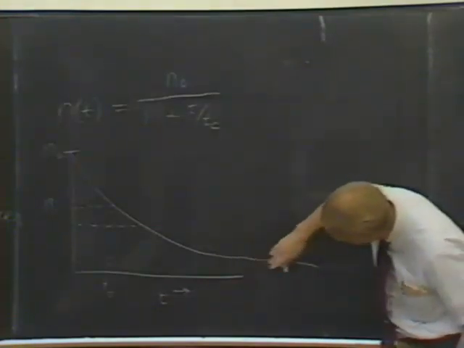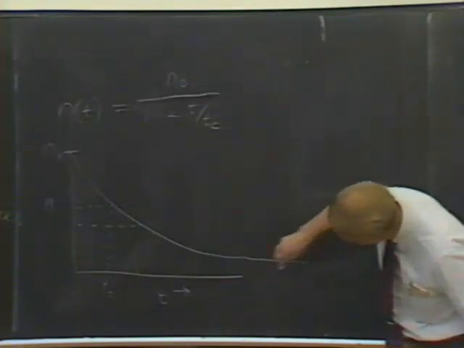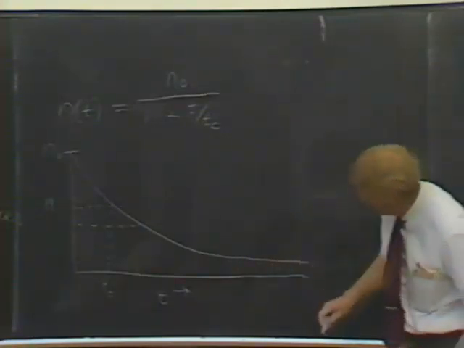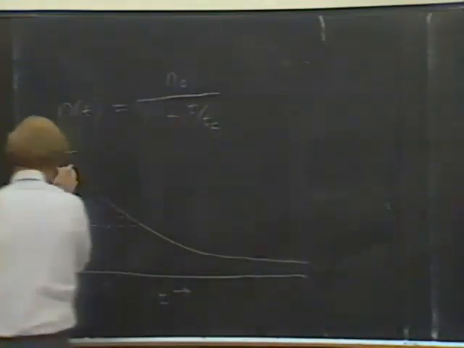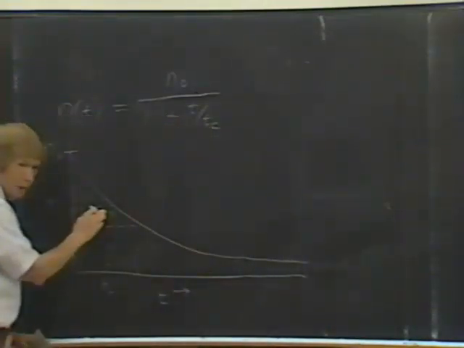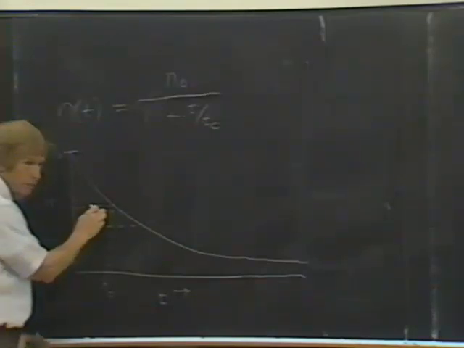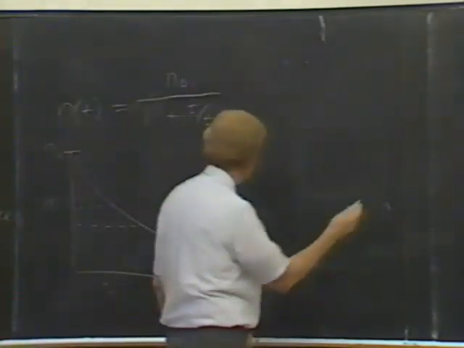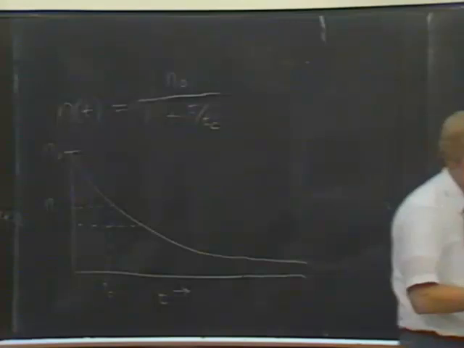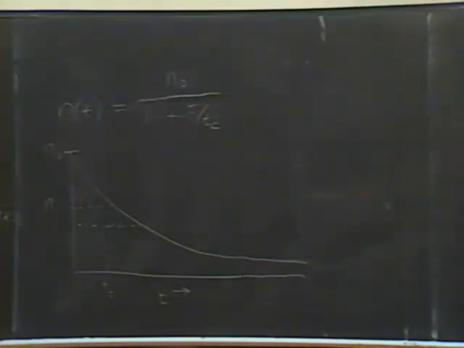If it compares in size with t sub c, then the number changes rapidly. You follow me? So off and on, we'll be talking about t being very much larger than t sub c, or t being comparable in size with t sub c. I see some puzzled looks.